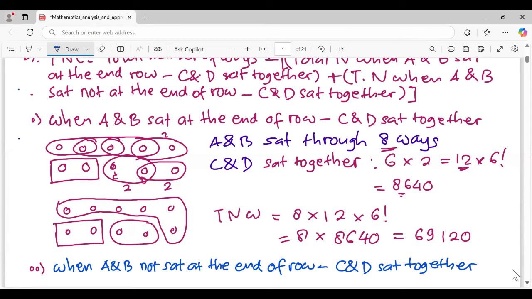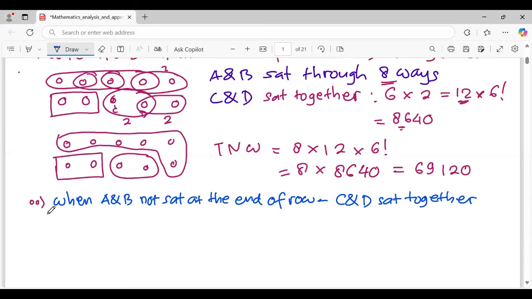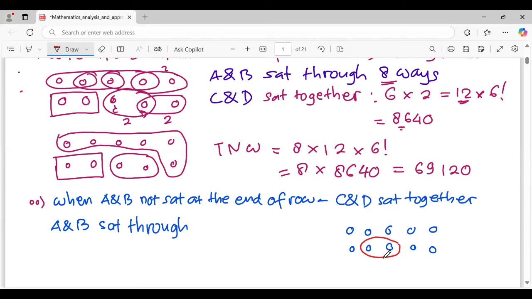I will show you my illustration. Not at the end of the row means on this position there are two ways as well, on this position, two ways, two ways. So it is 8 ways.